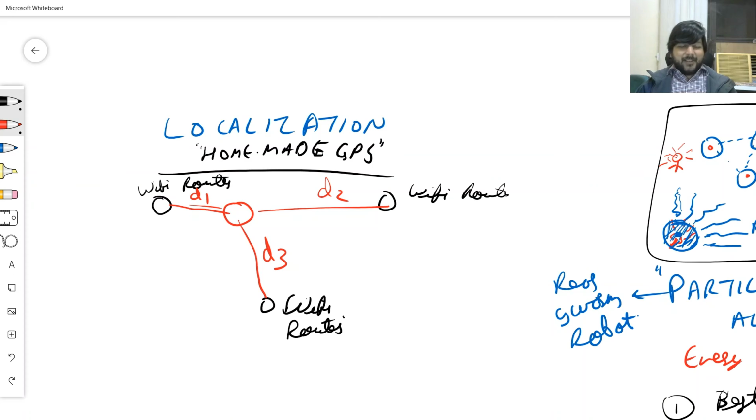And by this triangulation, of course, you'll not get the exact location. It's a budget router, and it's relying on this Wi-Fi antenna, and this one will pick up a lot of noise. Based on this, its position will be the most accurate. But that's exactly how GPS works. That is the exact fundamental of GPS as well.